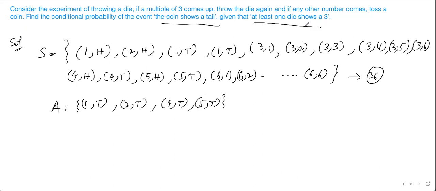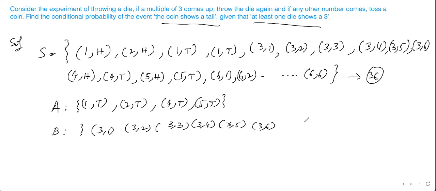And let us consider B as 3 comma 1, 3 comma 2, 3 comma 3, 3 comma 4, 3 comma 5, 3 comma 6, and 6 comma 3. Okay, so at least one die shows 3.